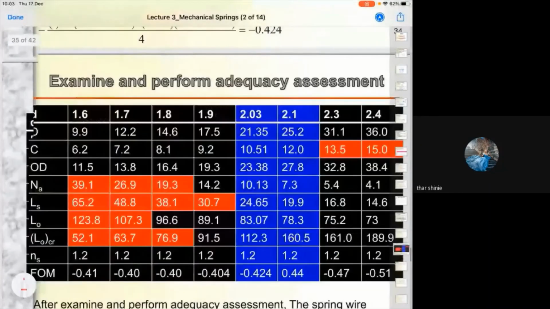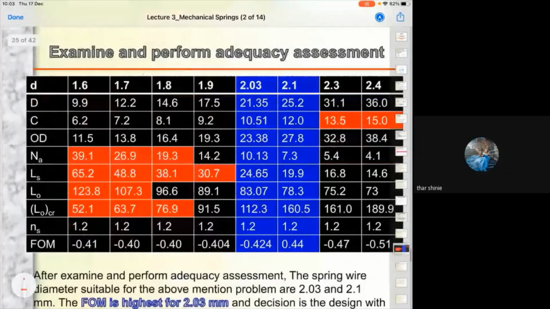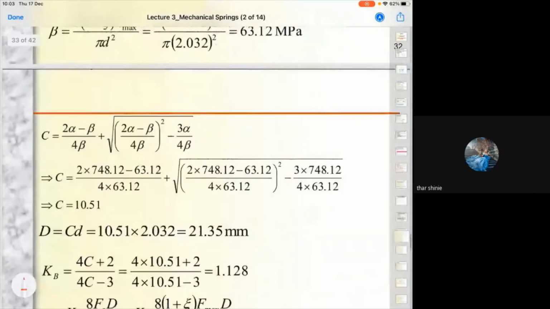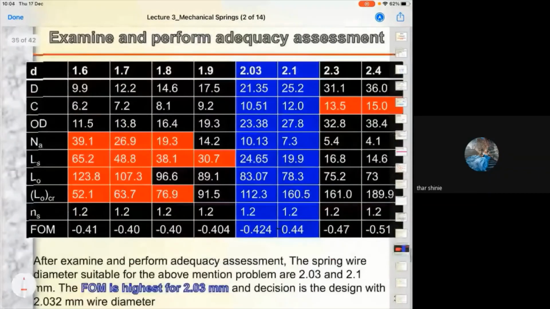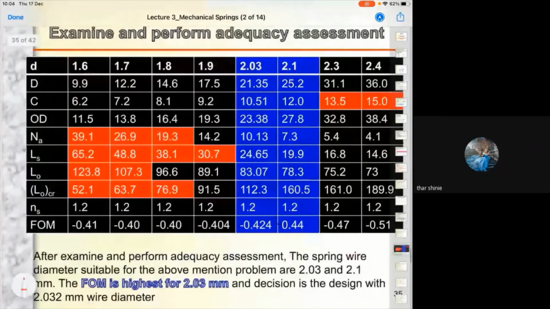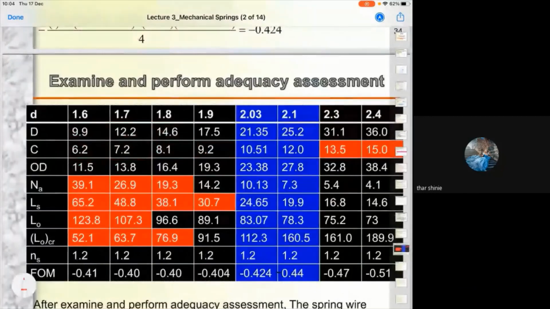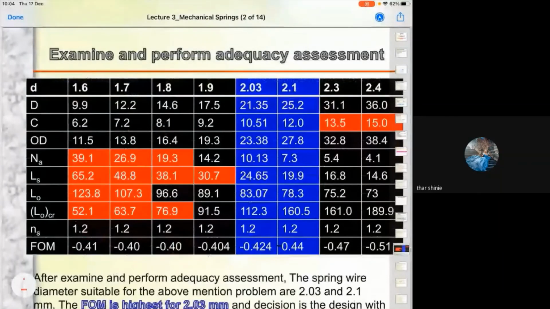Okay. Cuma sebelum kita habis, kalau you tengok dalam slide ada mistake sedikit. Table ini examine and perform education assessment for design of spring. Boleh tengok tak? Ada saya share ni.